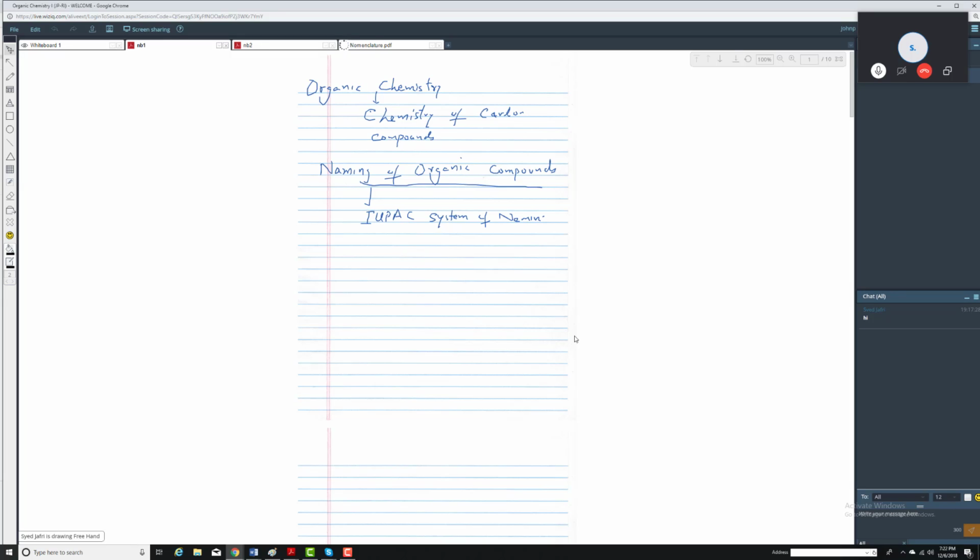IUPAC stands for International Union of Pure and Applied Chemistry. Sometimes in different books you are going to see a different way of naming compounds because they are modifying their system of naming.